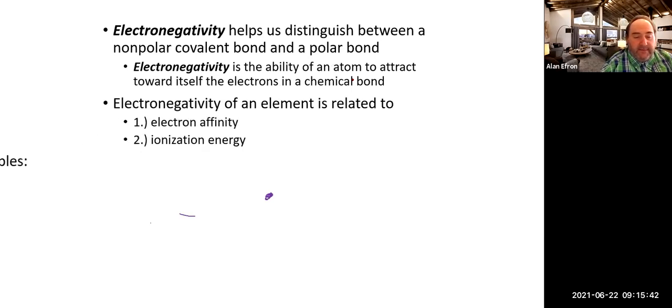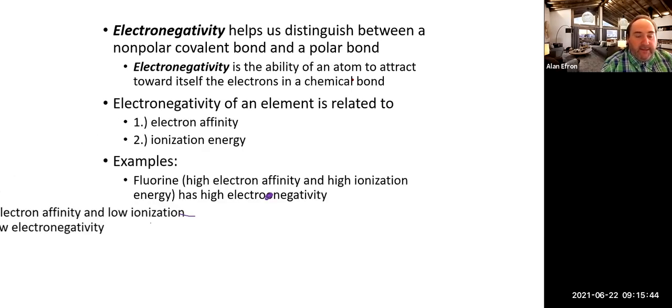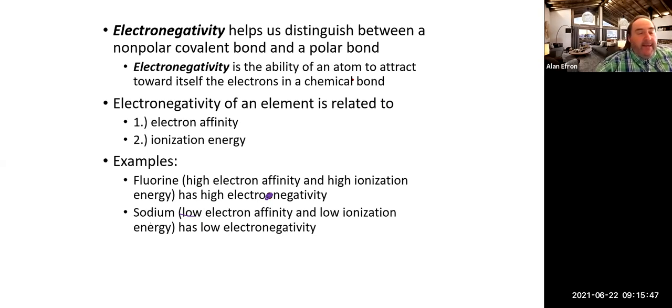We've talked about what it is, but electronegativity is what helps us distinguish between a nonpolar bond and a polar bond. We can also use it to distinguish an ionic bond, but as I mentioned, you really don't need electronegativity values to determine if you're dealing with an ionic bond.